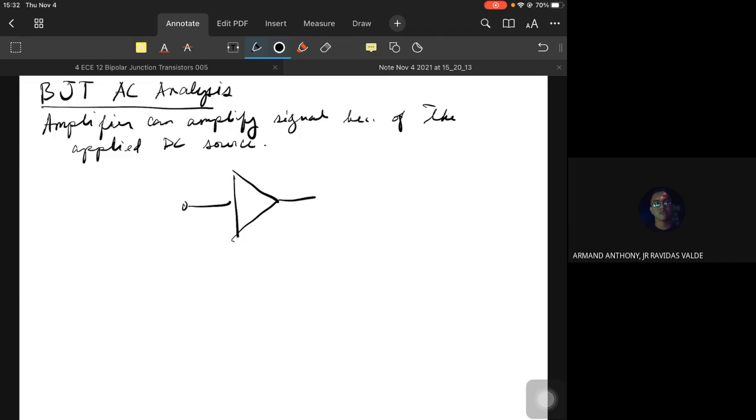One factor that determines this, as Armand mentioned, is the maximum input. So yes, it exists. It's one of the characteristics or specifications of an amplifier. But there's also a maximum output.